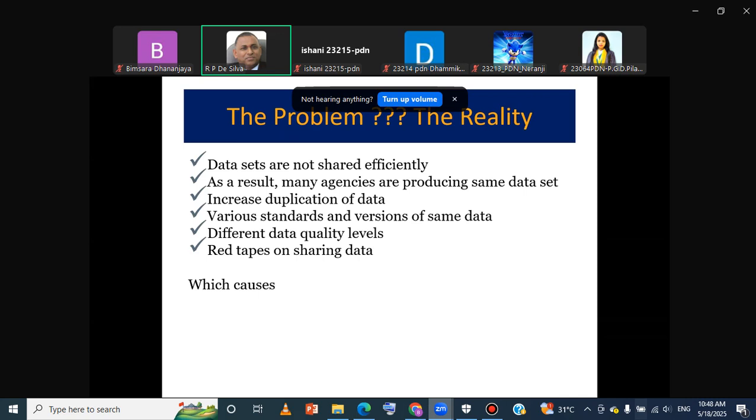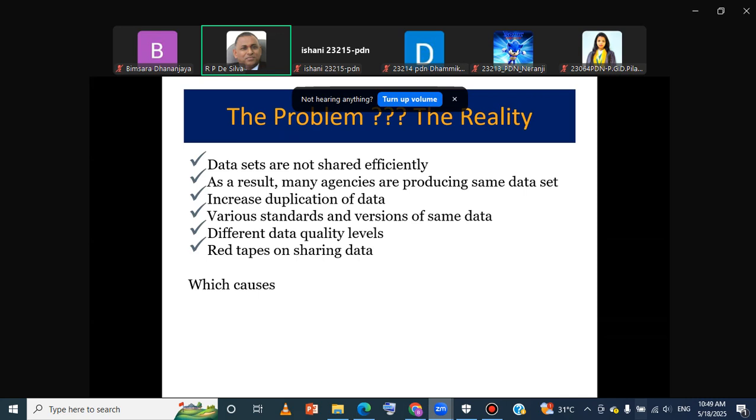And the duplication of data needs to be avoided through the NSDI or Sri Lanka SDI initiative. And we will find that different standards of the same data set, different versions of the same data sets are available.